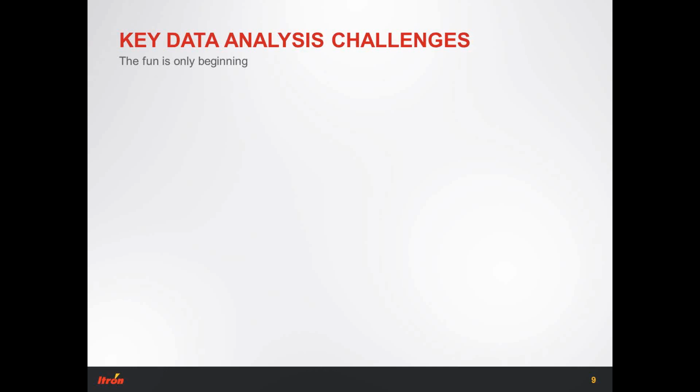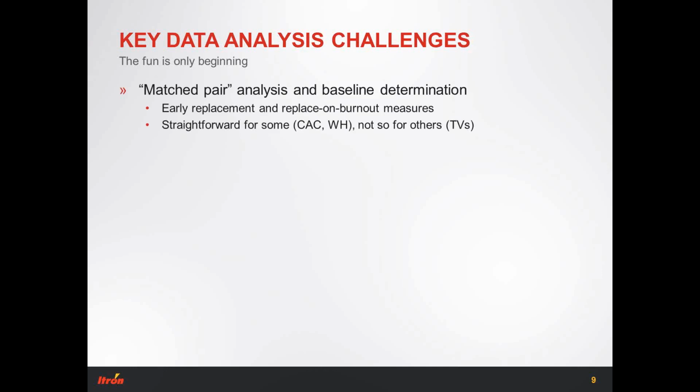So on the analysis side, we've talked through some of the data collection challenges, but really the fun is only starting. There's a whole host of data analysis challenges that I'll try to rattle through here. The first one is that incremental cost accounting at its simplest form is matched pair analysis, meaning the high efficiency product and the baseline product.